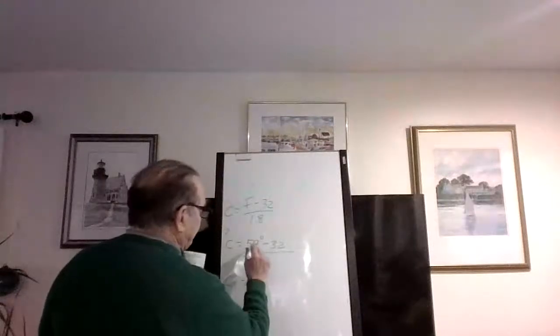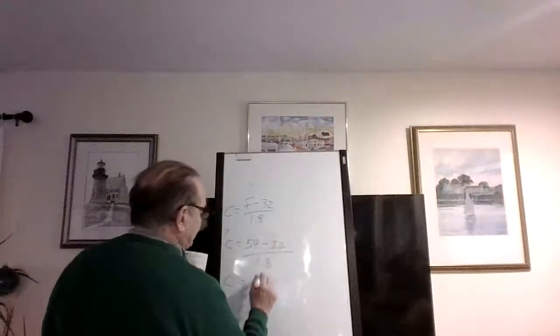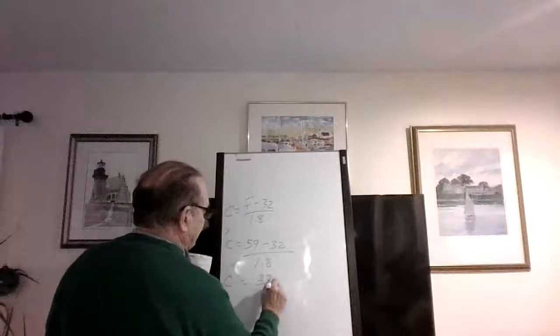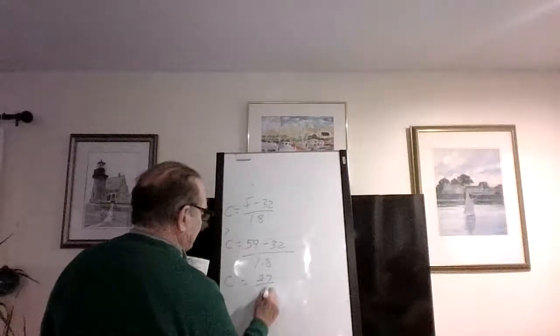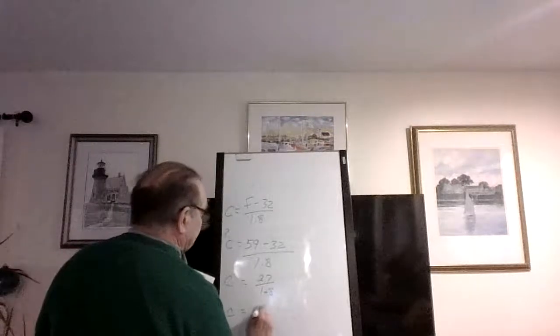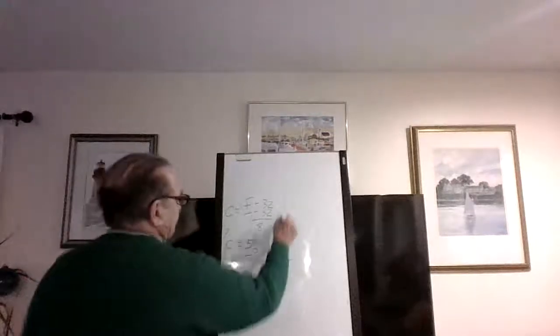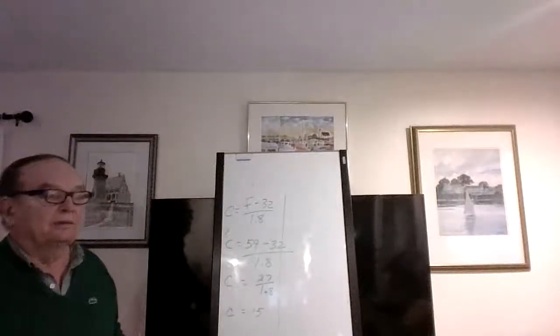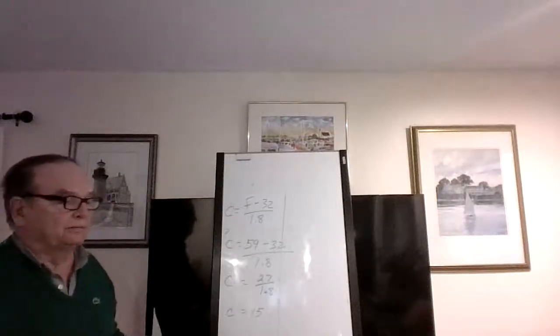So this is going to be 59 minus 32 equals 27, right? Divided by 1.8. If you do the math, okay? Write this down. That's all you need, right?